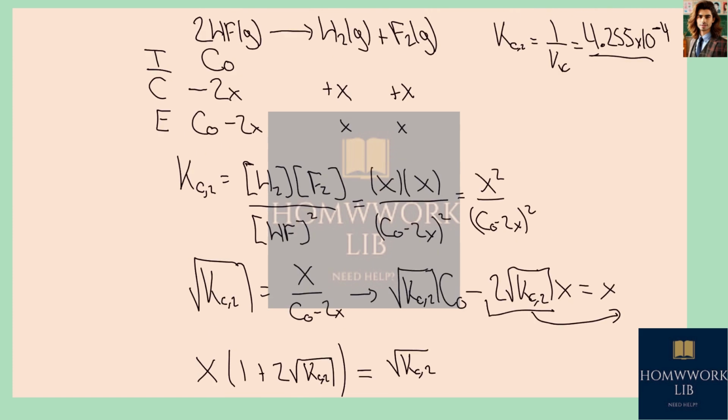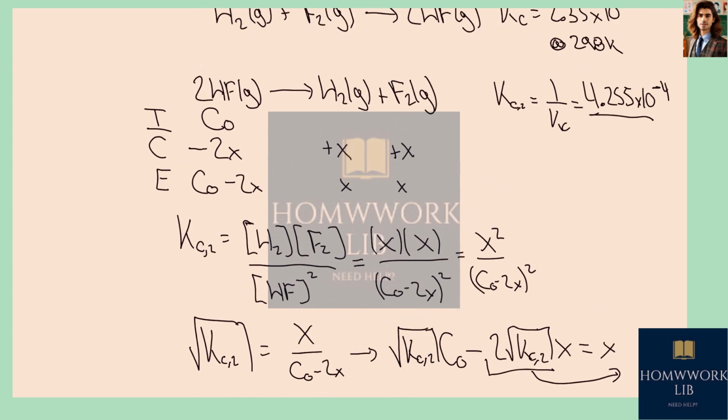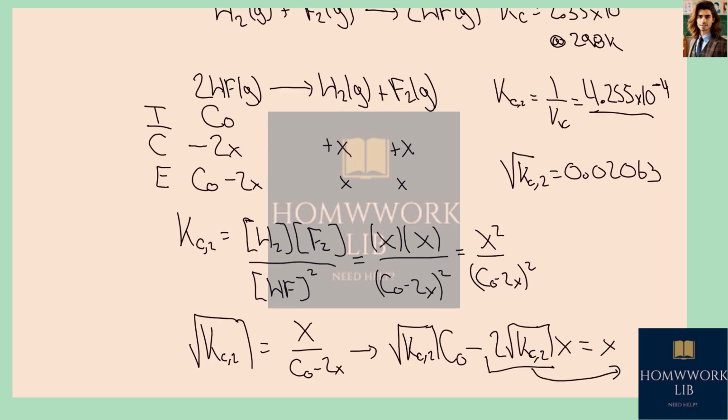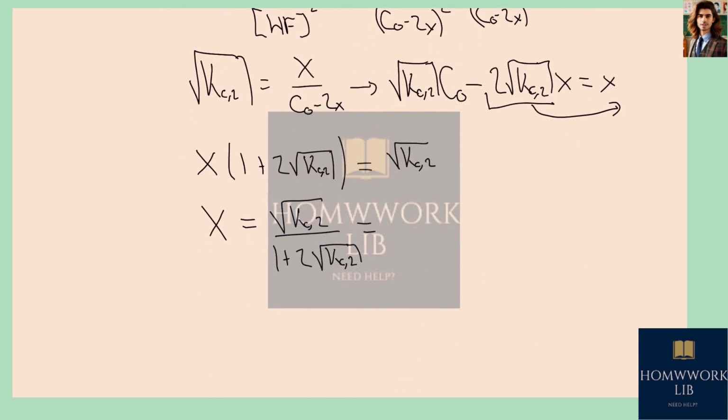Replacing the values, Kc2 was this number, the square root of Kc2 is 0.02063. So this equation becomes 0.02063 divided by 1 plus 2 times 0.02063.